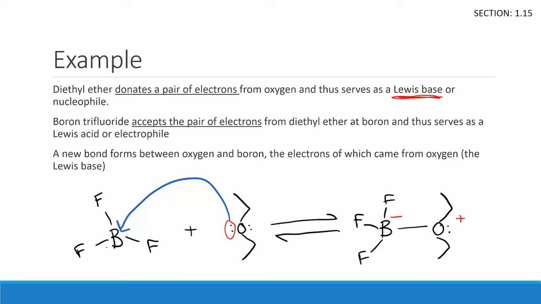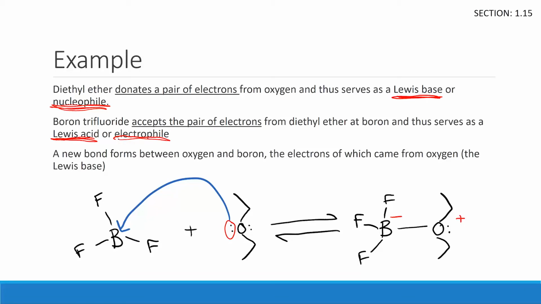A Lewis base can also be called a nucleophile. So the donator of electrons is the nucleophile. In this case, boron trifluoride is accepting the electrons, and thus it is the Lewis acid. The acid accepts the electrons, which is also called the electrophile. You can remember that phile means that you like something.